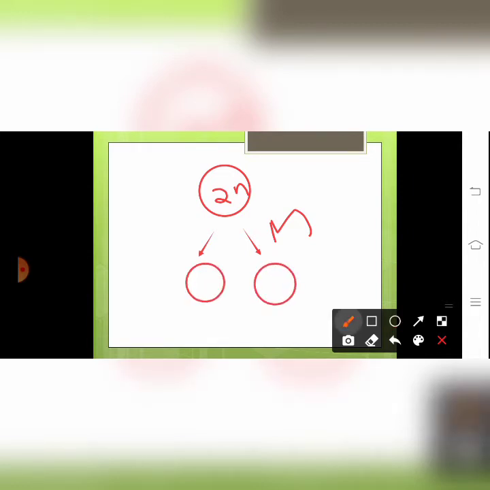Now, actually what happens here is, if this is a cell having 2n chromosome number, I'll write here 2n chromosome number, when this cell divides by mitosis, two daughter cells will be formed, and these two daughter cells will have 2n chromosome number, that is, equal to the chromosome number of the parental type.